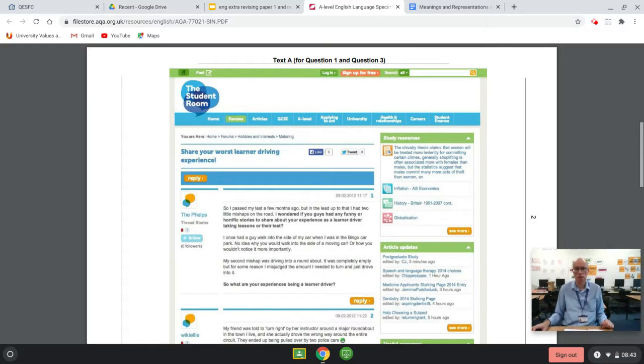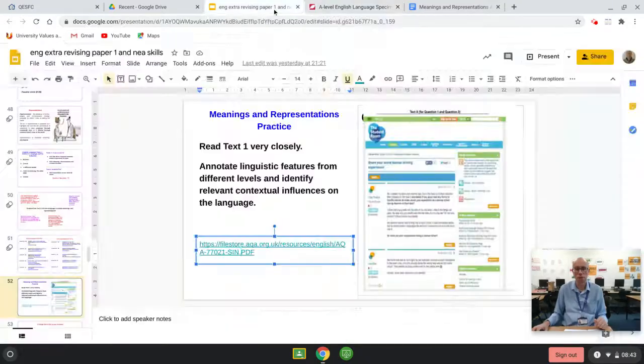If you don't have the text in front of you, pause the video there and look at the first half of this text, because there are two pages of it, and try to use your AO1 knowledge to annotate some of the key features and link it into what we've been saying about meanings and representations. Okay, right. So I'm assuming that you've done that.